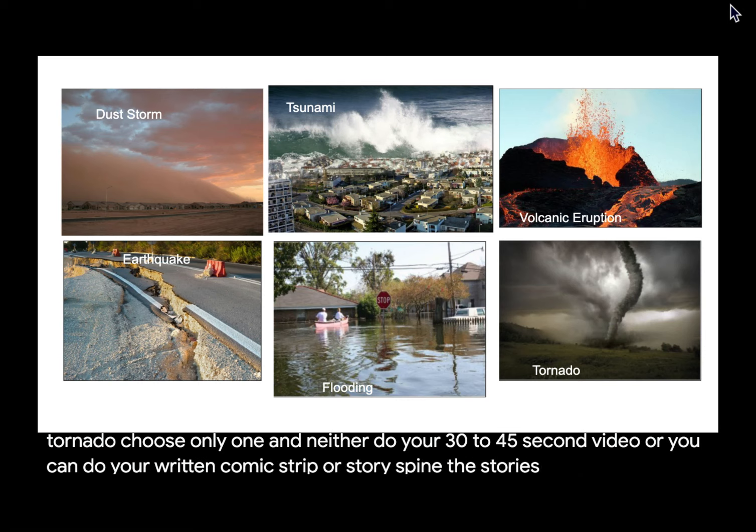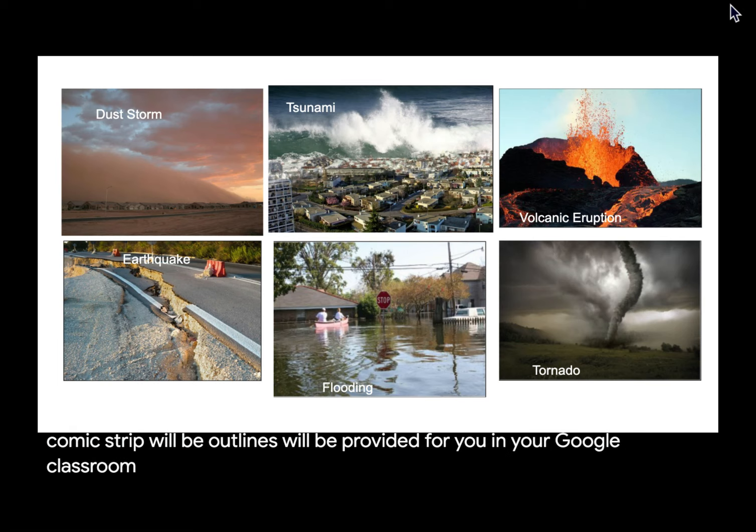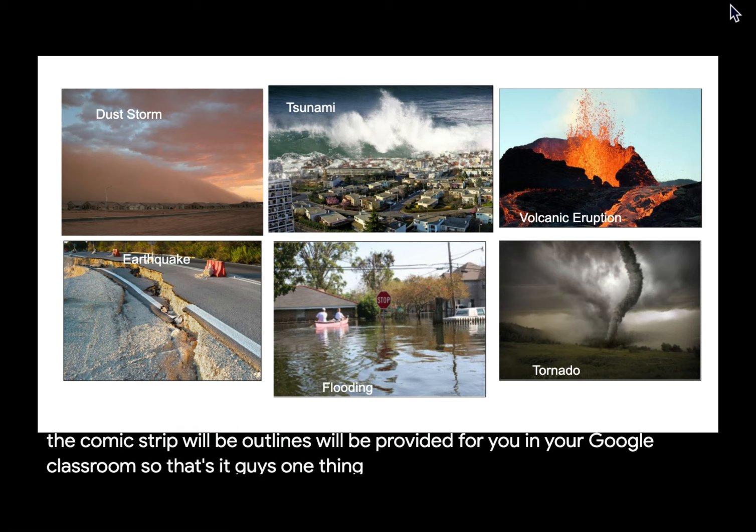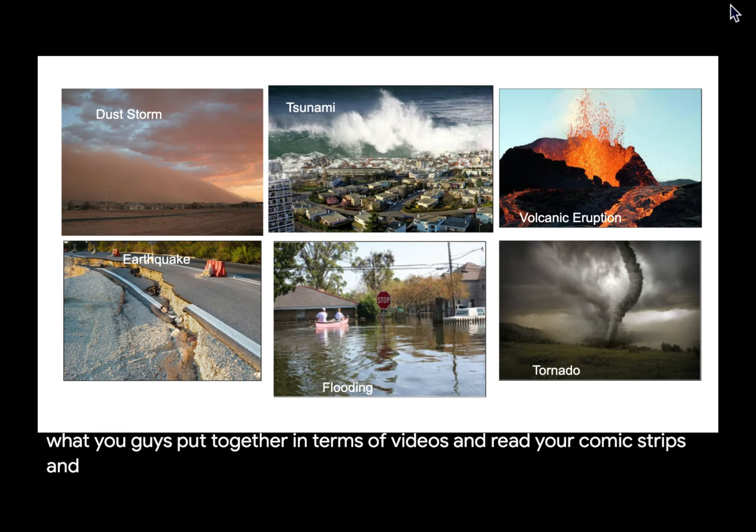The story spine and the comic strip outlines will be provided for you in your Google Classroom. So that's it, guys. One thing to do this week, and I can't wait to hear what you put together in terms of videos and read your comic strips and stories.